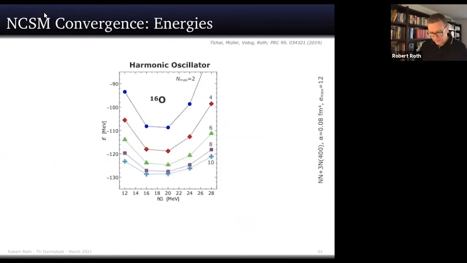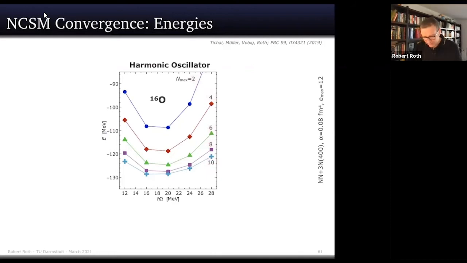Now let's look at this. As a pet example, I now use this oxygen 16 calculation. What I show here is pure harmonic oscillator, so standard no-core shell model. It's a very typical diagnostic plot, if you like. What's shown here is the ground state energy of oxygen 16 from NCSM calculations with different Nmax parameters, starting 2, 4, 6, 8, 10.